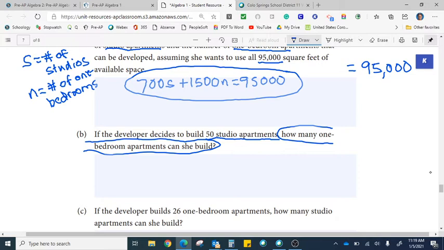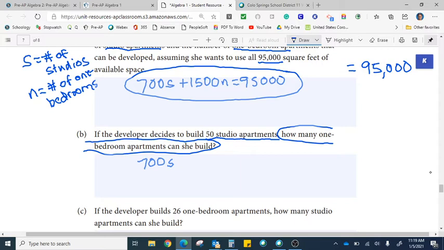Here's something that I'm going to show you. What we can do here is rearrange this formula so that before I even plug anything in, I'm just going to be solving for n.